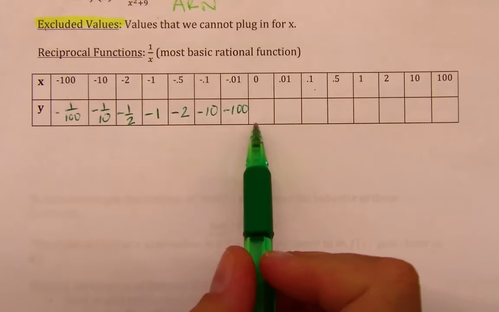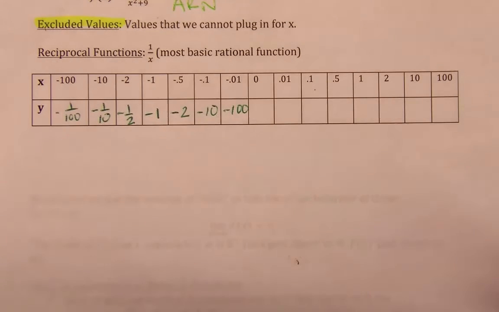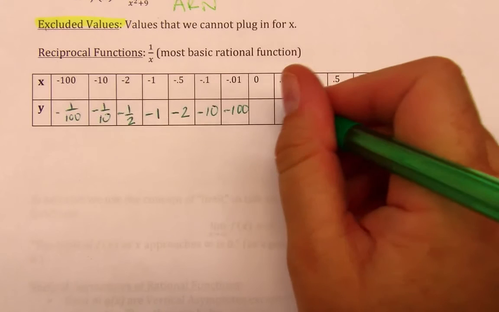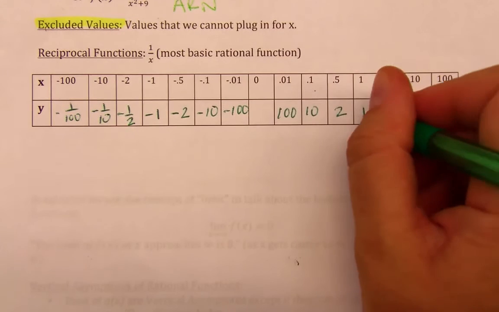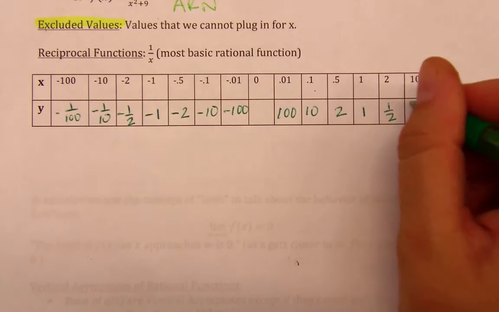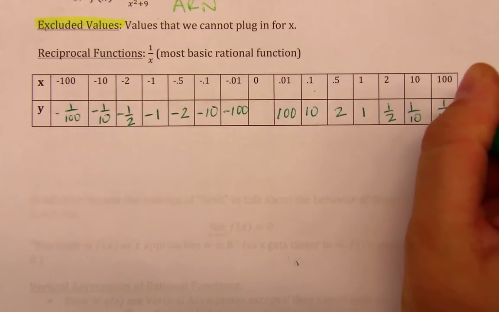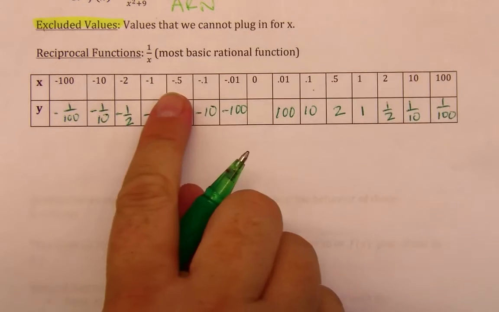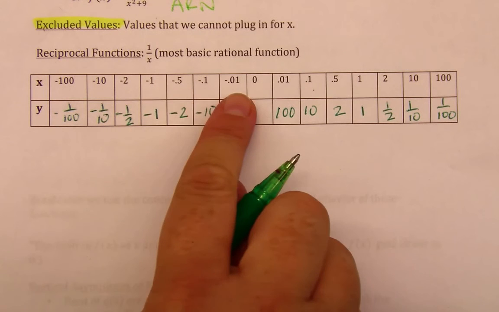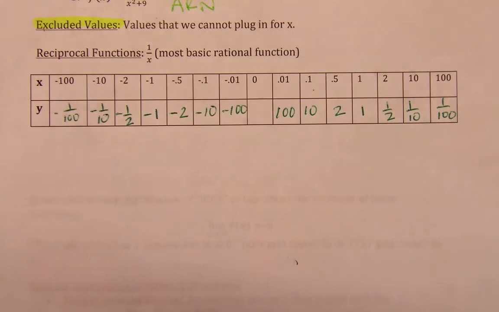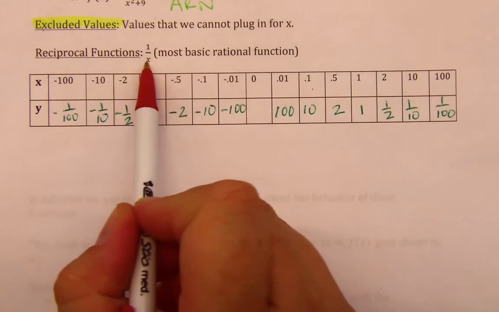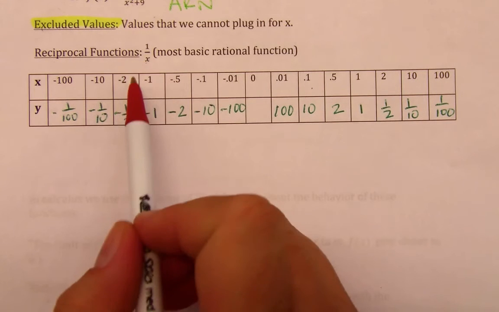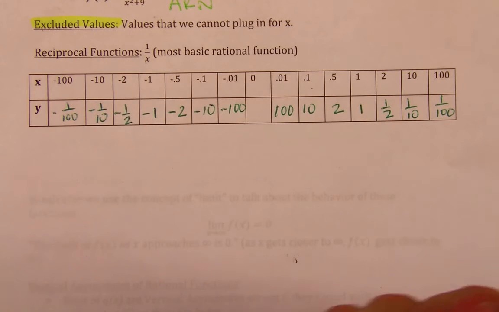Plugging in 0.1, we can see that we're going to get these same values, but just positive. So 100, 10, 2, 1, 1 half, 1 over 10, 1 over 100. If you're not sure how I got these, you could use your calculator and divide, and you'll see that's exactly what you get here. Now I left this one blank, and that's because if I plug in 0 here, then we're dividing by 0, and we know that in math we can't do that.